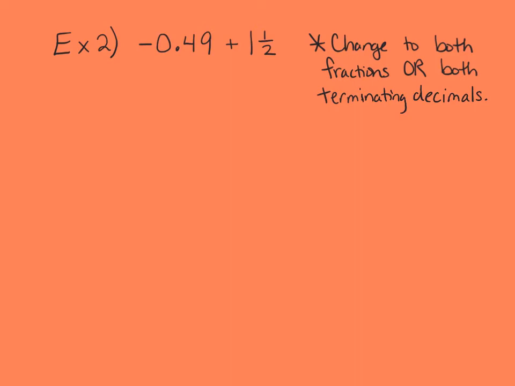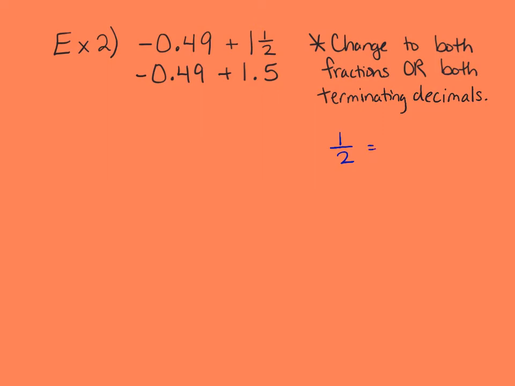So I noticed that 1 1/2 is a fraction that I can change to a decimal. So I'll start there. I have negative 0.49, and I'm going to add 1 1/2. You may recognize this as being 1.5. If you forget how to do this, just a reminder, I could go over here to the side and I could think of 1/2 and change it to a decimal.